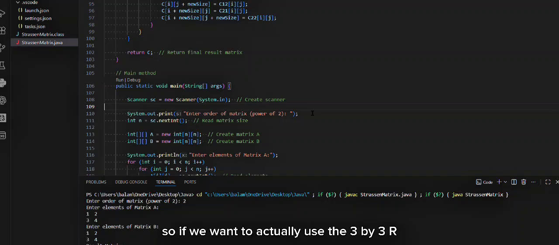So if we want to use 3 by 3 or 3 by 2 matrices in Strassen's algorithm, we need to add extra values to divide it into four equal parts. Like we need to add some zeros in the null spaces. So we use the padding method to get the 3 by 3 or 3 by 2 matrix working with the Strassen's algorithm.